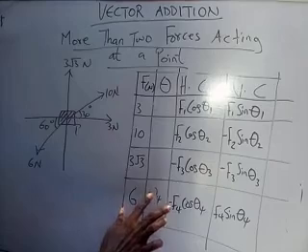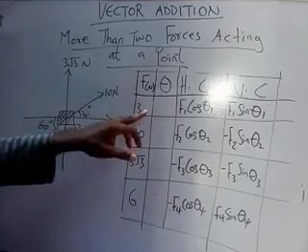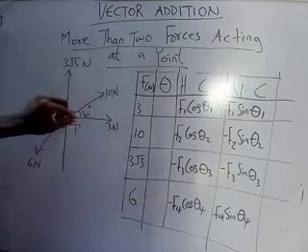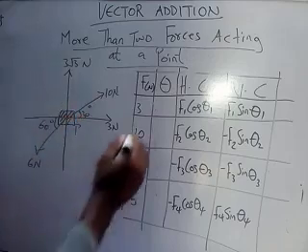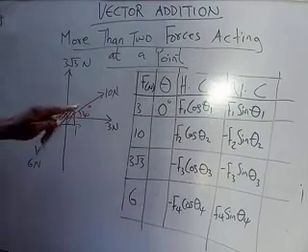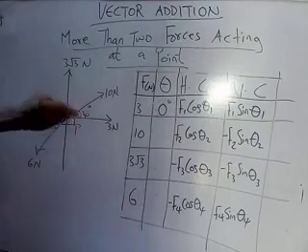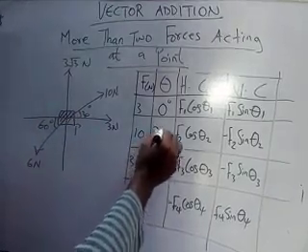So erasing this, what is this angle to the horizontal? This is aligned horizontally, right? So this will be 0 degree. This is aligned at an angle of 30 degree to the horizontal. So it's 30 degree.